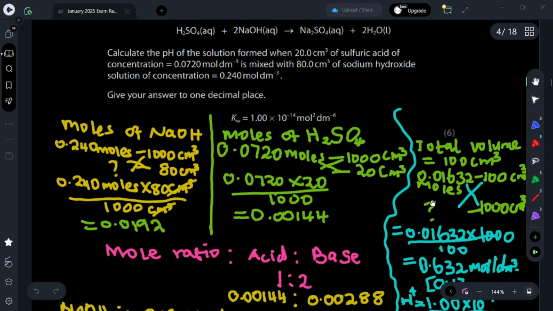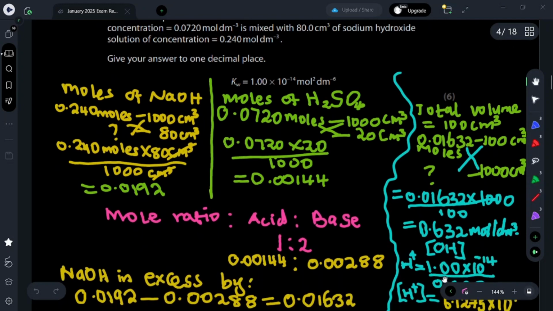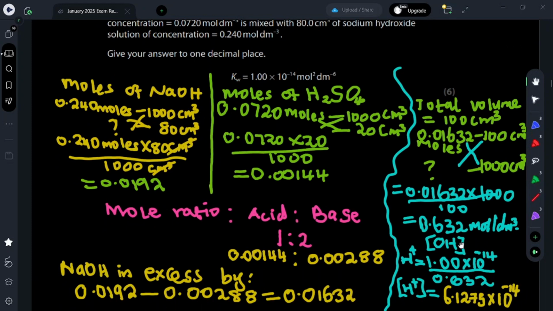What do we mean? We can get the amount of moles in 1,000 centimeters cubed, or in a liter, or in 1 decimeters cubed, which is simply going to be done by we multiply those moles by 1,000, we divide by 100, we get the concentration of the hydroxide ions in the solution.